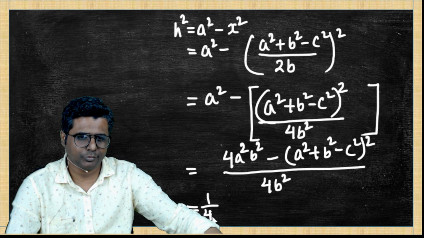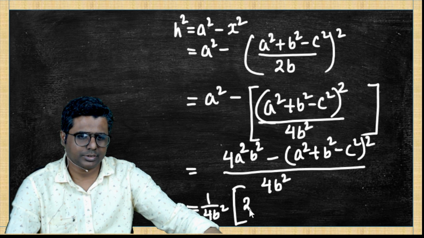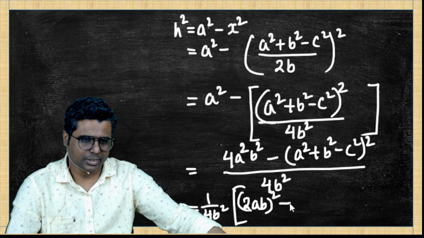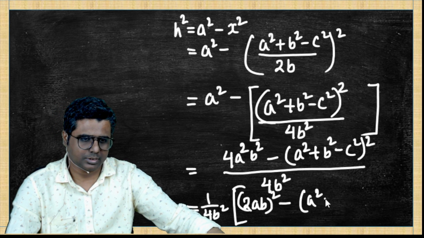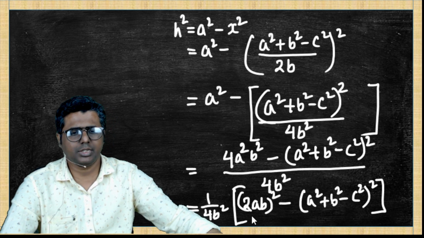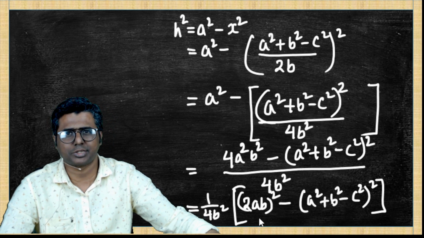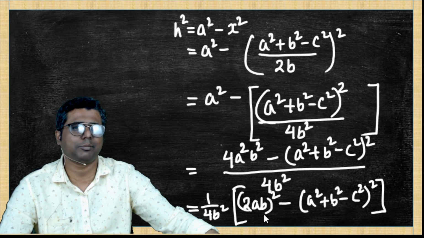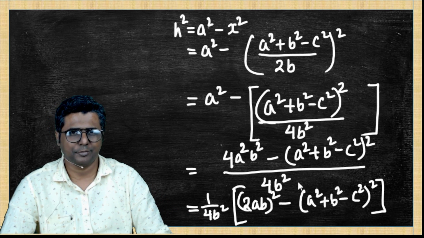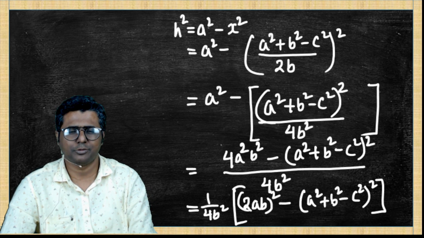See, 1 by 4b square I am taking on one side. The other part over here is 2ab whole square. You have to agree, 2ab whole square is 4a square b square, minus (a square plus b square minus c square) whole square. So if you see this expression, it is basically a square minus b square expression. So here we can factorize this, right? a minus b into a plus b, we already know that.